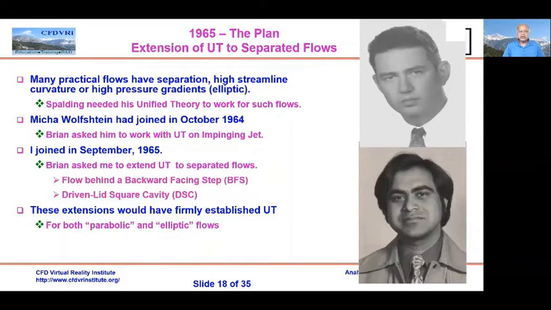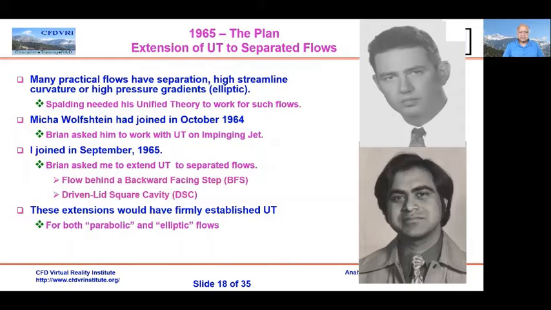Okay, so Mika Wolfstein had joined in October 1964. Spalding said, why don't you take the unified theory and make it work for the impinging jet? Okay, and I joined in September 1965. So Brian said, well, Mika is doing the impinging jet. Why don't we take another class of flows, the ones with separation?